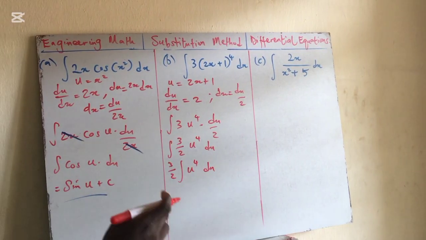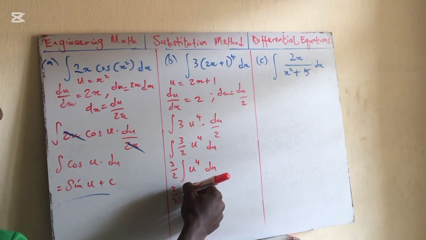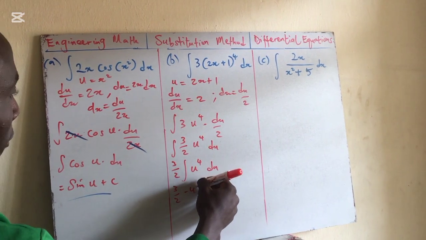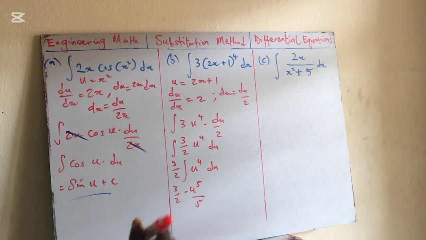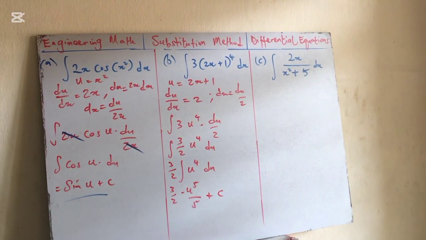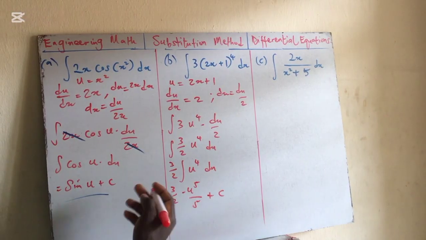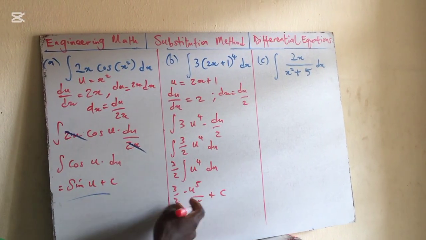So you are facing this u raised to power 4, and if you integrate that, it will be u raised to power 5 over 5. Remember the law that you use to integrate. So plus c, right? Now just use the normal multiplication here: 3 multiplied by u raised to power 5, and 2 multiplied by 5.